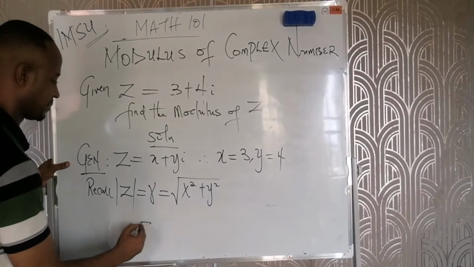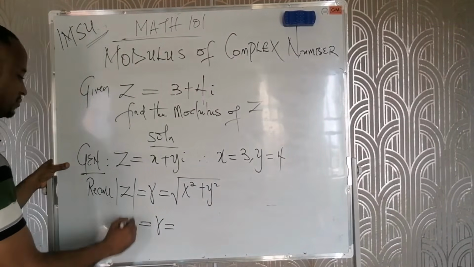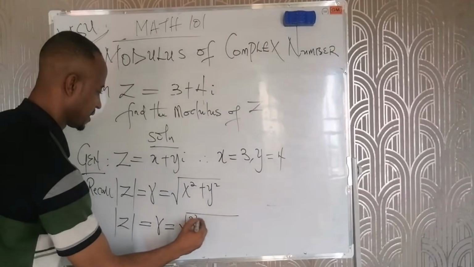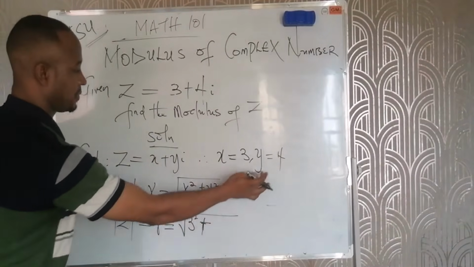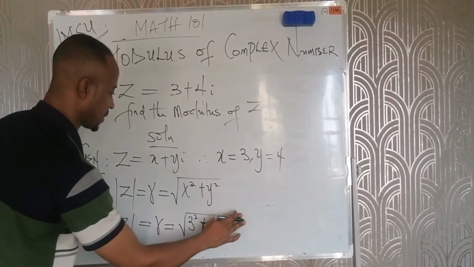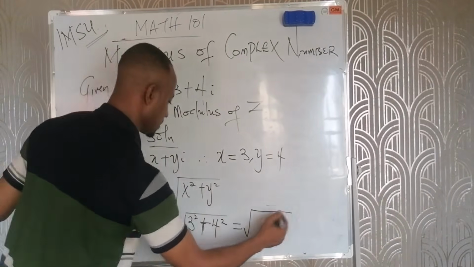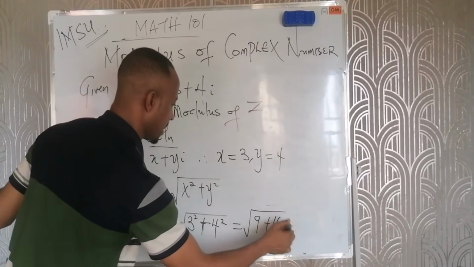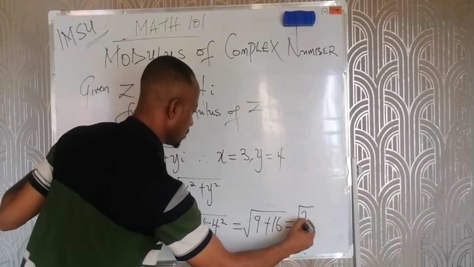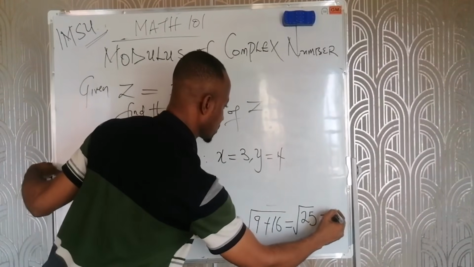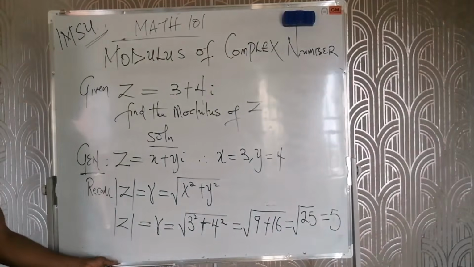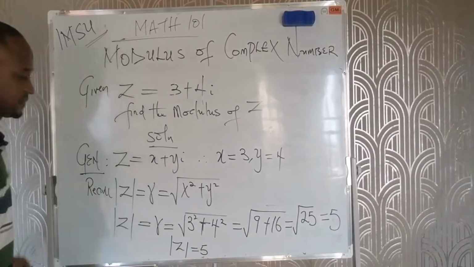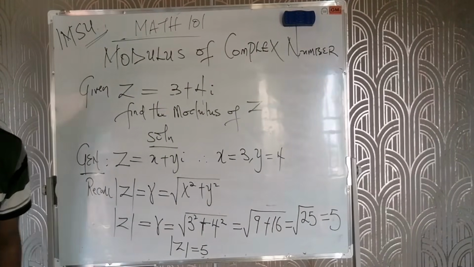So the value of r, which is my modulus of z, is simply equal to the square root of 3 squared plus 4 squared. 3 squared is 9 plus 4 squared is 16. By the time we add up, this will give us root 25, which equals 5. So the value of the modulus of z is equal to 5.